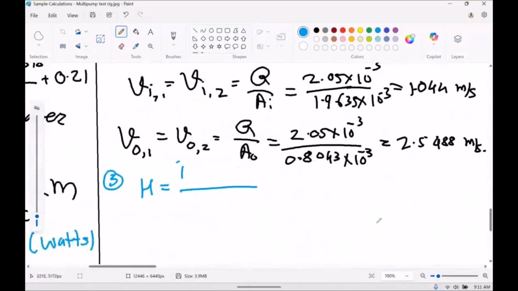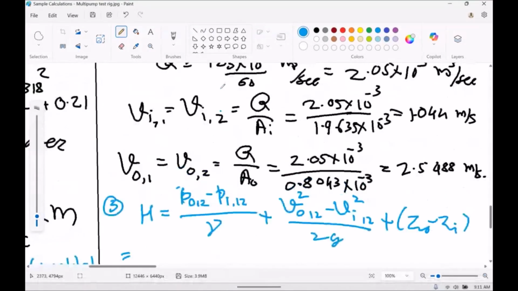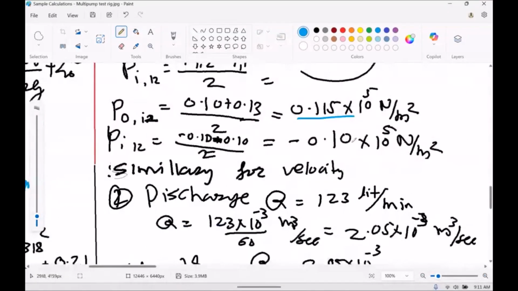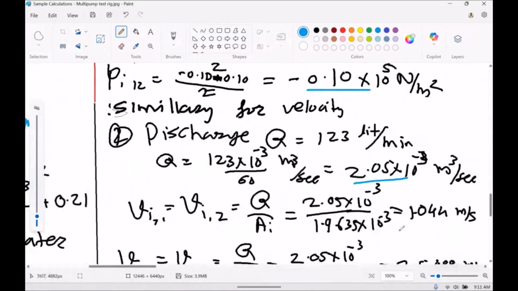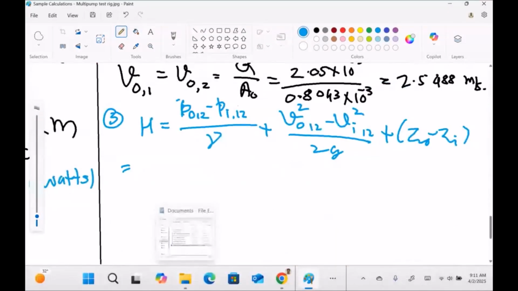Pressure at outlet PO for pump 1 and 2 minus pressure at inlet for 1 and 2, by gamma, plus velocity at outlet 1 and 2 square minus velocity at inlet 1 and 2 square, divided by 2g, plus ZO minus ZI. As I calculated the pressure here, you can see the pressure is 0.15 and this velocity is 2.5, and I will enter these values in this equation. The total head by Bernoulli's equation, we can put the value directly here.